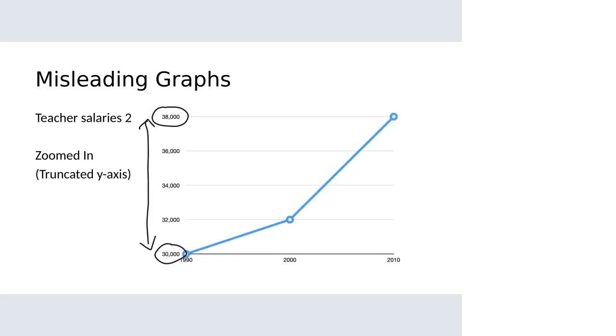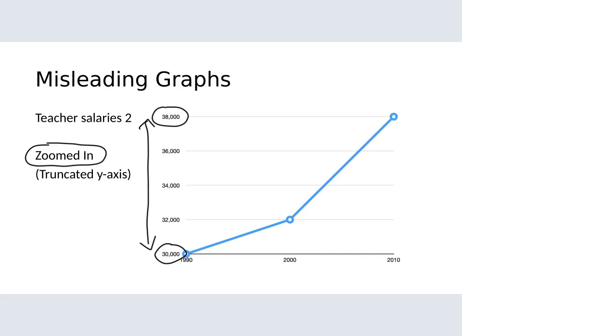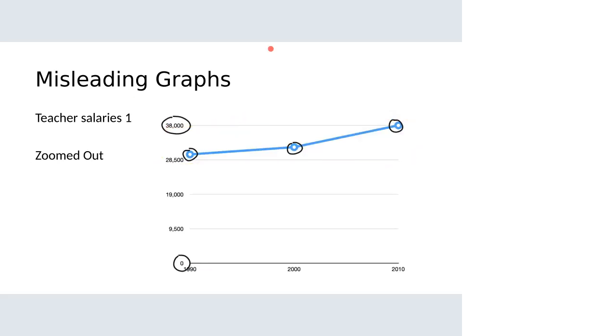The picture is wildly different, and the reason is on this graph, we have zoomed in on the data. Essentially, this piece of the graph right here is all that's being shown in this picture. Zooming in like that is called cutting off some of the axis.